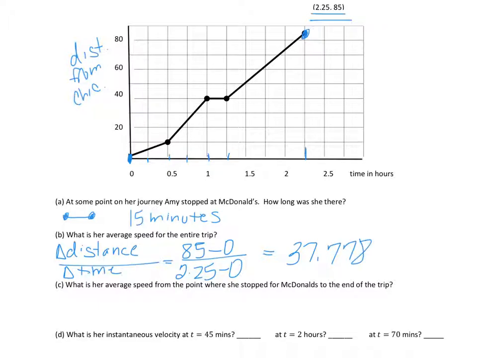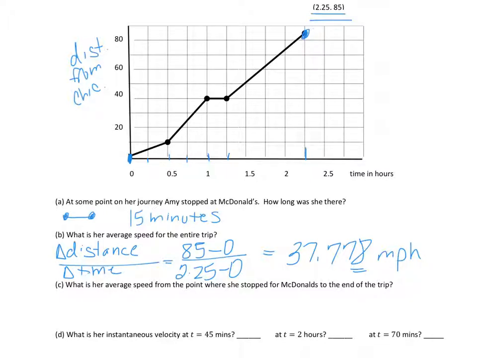Now, in calculus, you have to know that you always go to 3 decimal places. Unless the question tells you to round to the nearest whole, which sometimes it does, you always go to 3 decimal places. Always. And if units are introduced in the question, then you have to put units on your answer. So if this is a speed, of course, it's miles per hour. So I've got to make sure I put that on my answers.